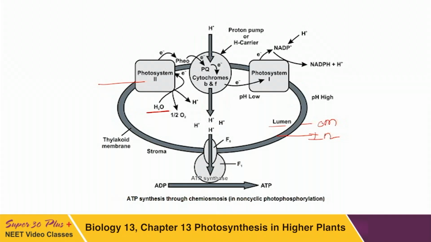As a result, oxygen will be released, which will go out. The hydrogen ions will be released and will accumulate here in the lumen, and the electron will go to photosystem second, and the chlorophyll molecule which has lost the electron will become normal again. Is it very much clear? So one reason was photolysis of water.